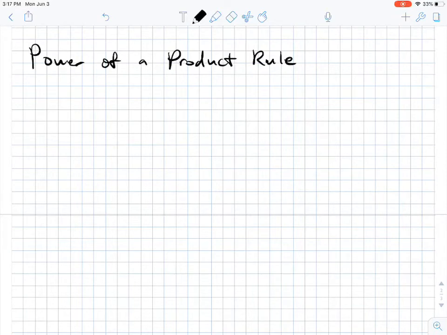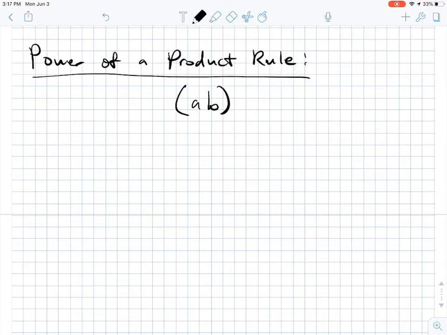Next, really quick, is the power of a product rule. In this case, let's assume you had 2 different base numbers, and you had some power on the outside.